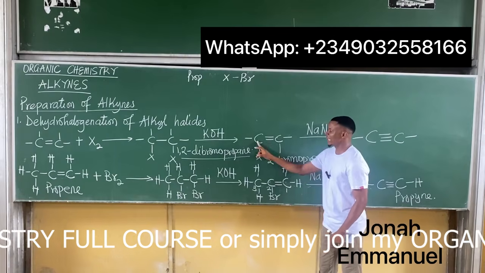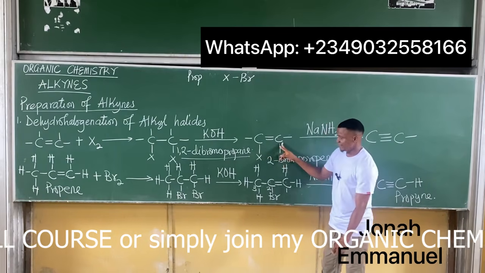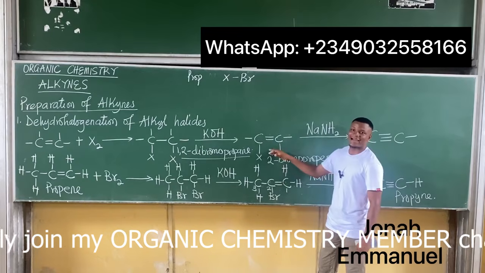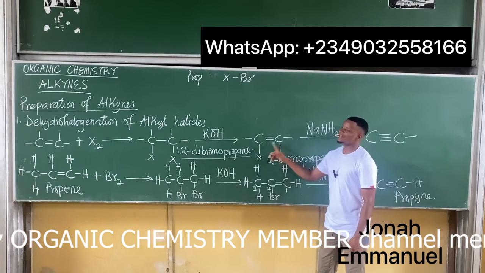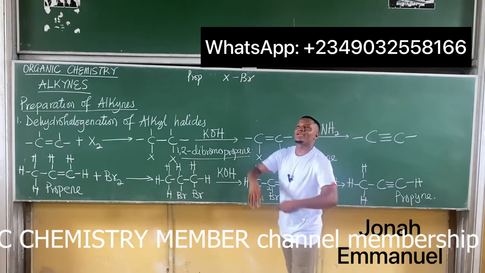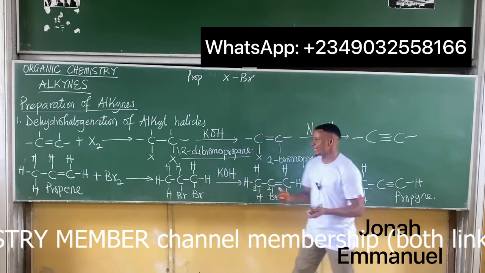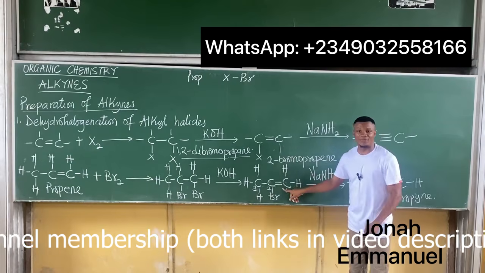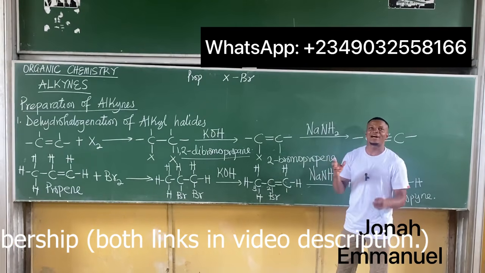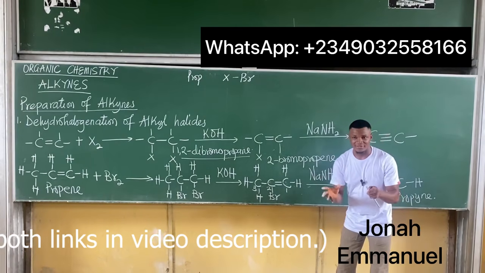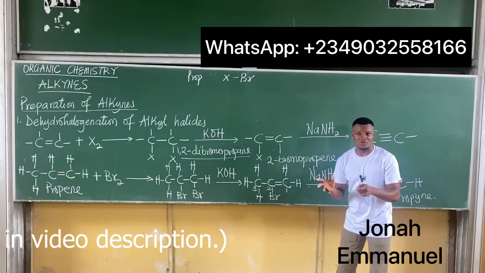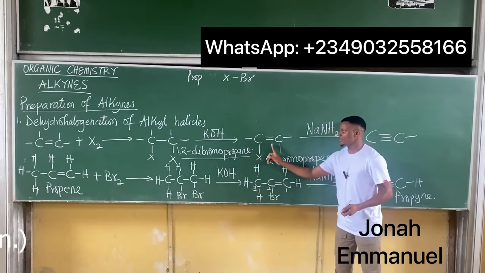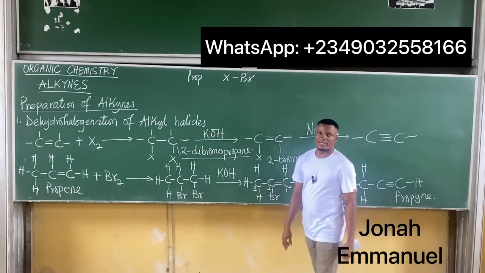Was it the carbon to the left or to the right? To the left. So I'll come here to the left. That's it. That's what you have. So this is more like a guide to writing the equation. If you put it right, you may not be totally wrong, but know that 1 bromopropene and 2 bromopropene may look alike, but they might have different chemical properties. So to avoid the whole chemical property saga, put it as they gave you. They said the one by the left. So that's the idea.